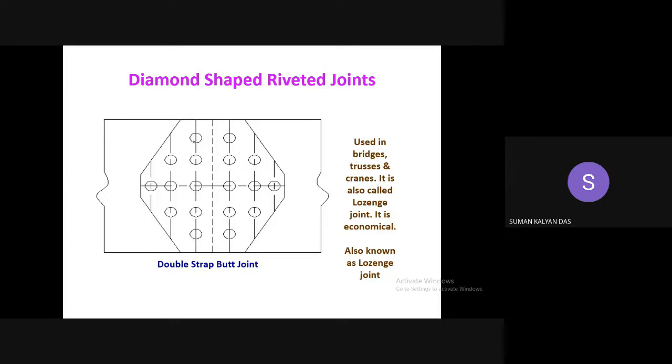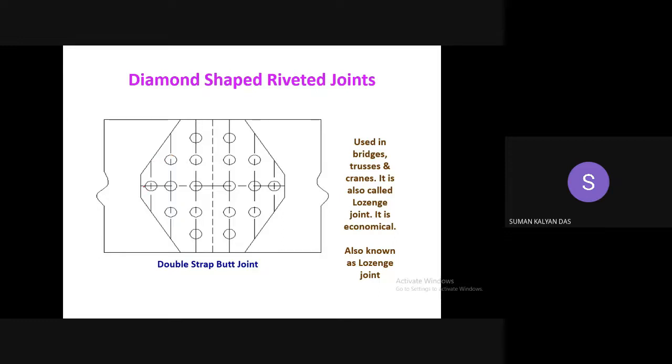On one side you see there are three rows of rivets, but the number of rivets in the row gradually diminishes as we move away from the butt line. That means the row nearest to the butt line has the maximum number of rivets. The next row has a smaller number of rivets, and finally the third row has the lowest number of rivets.